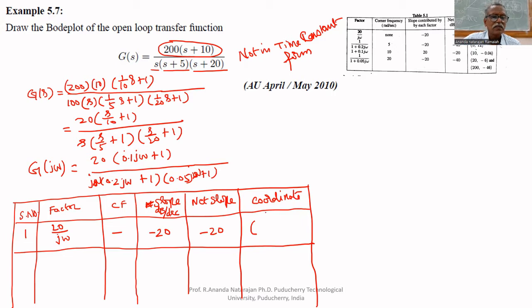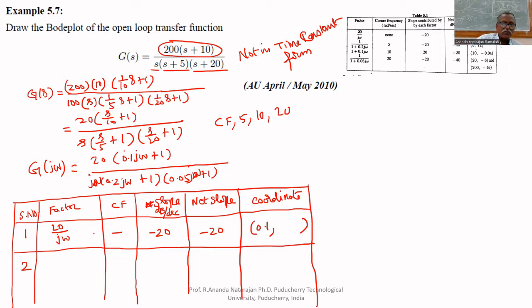Coordinate, we have to find. The corner frequencies are 5, 10 and 20. Lowest is 5. Therefore, we have to start with 0.1. 0.1 comma y coordinate we do not know, we will find later. Then the second factor: the lowest corner frequency we have to write first.